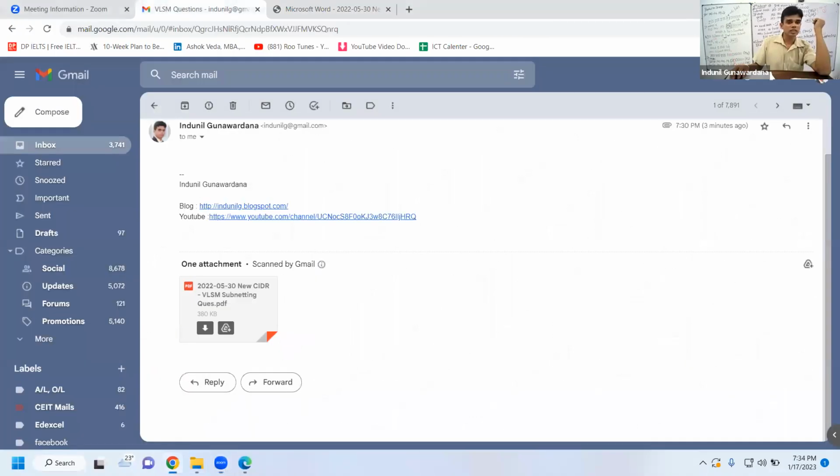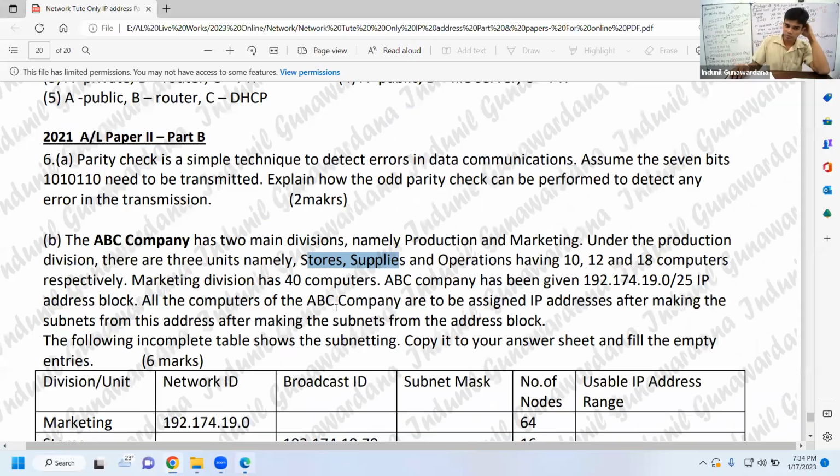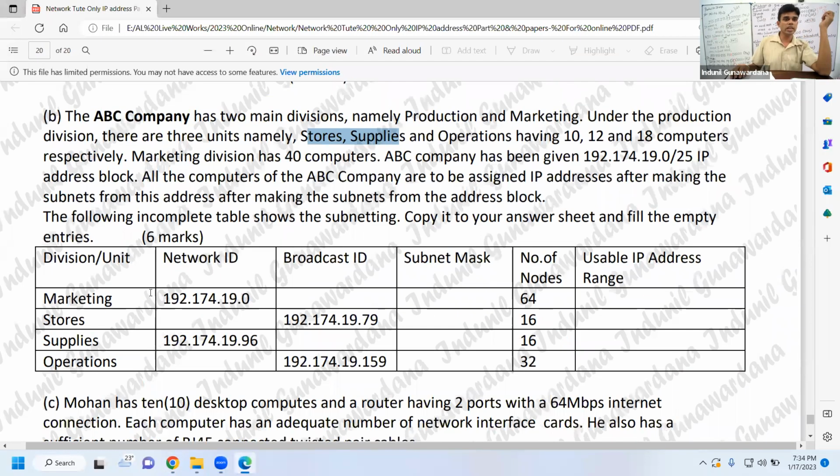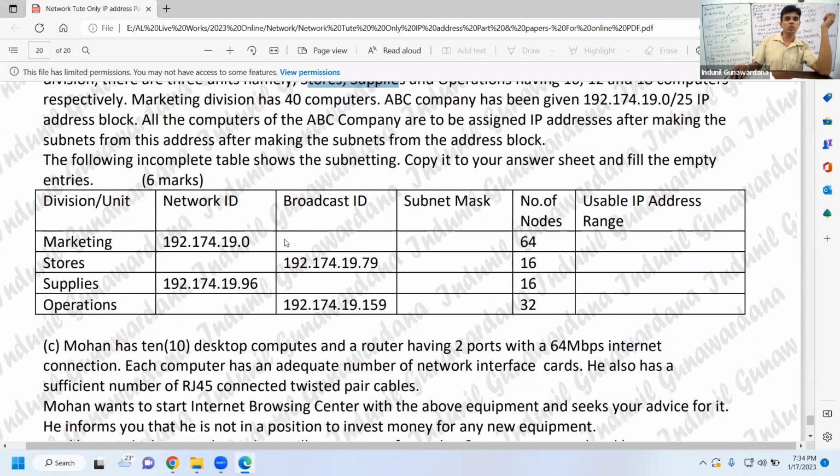Right. Somehow we have to complete this question, the table here. Now that part is very easy. Regarding marketing, we have to go for the broadcast address and the network address likewise. So for marketing, what is the usable IP range? I have erased that, we can fill that now.